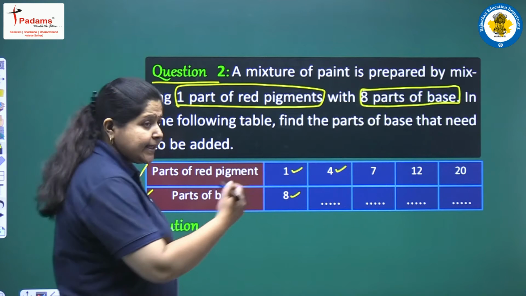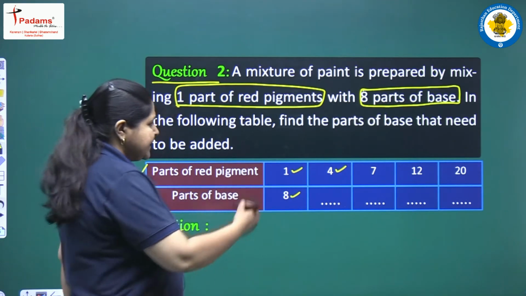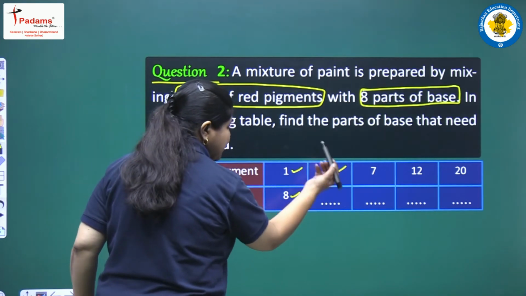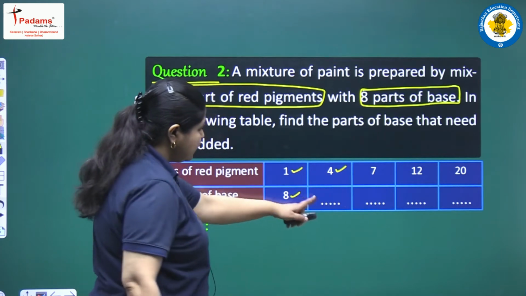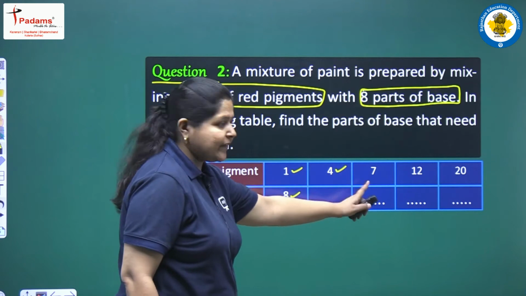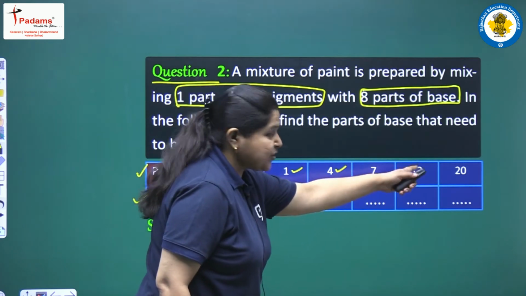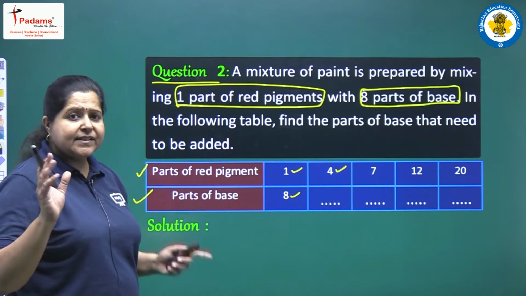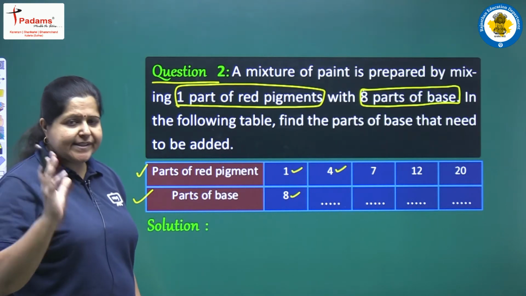And so with this table we can obviously see that this should be 8 times of this part of red pigment. 4 into 8. Here similarly 8 times of 7, 8 times of 12, 8 times of 20. In this way we can write the answer obviously, but we need to present the answer also.